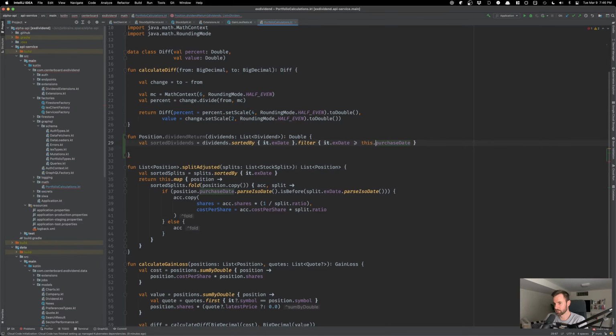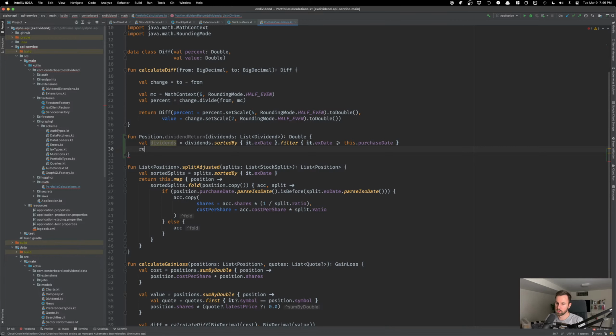So this gives us all of the dividends that will be returned for a given position.